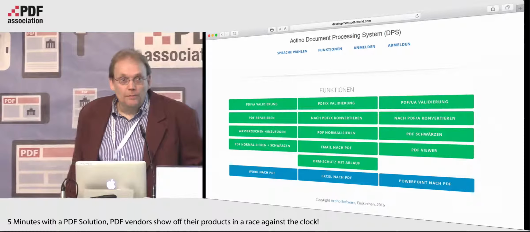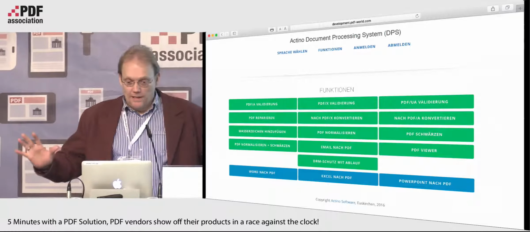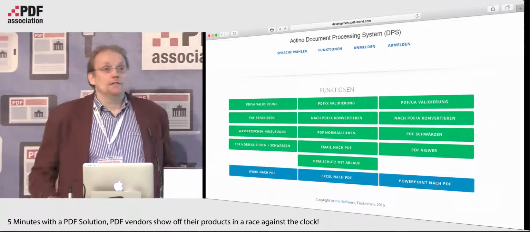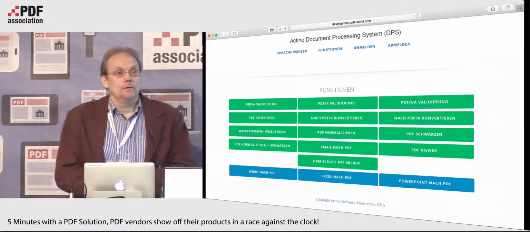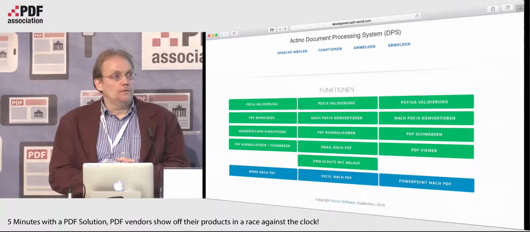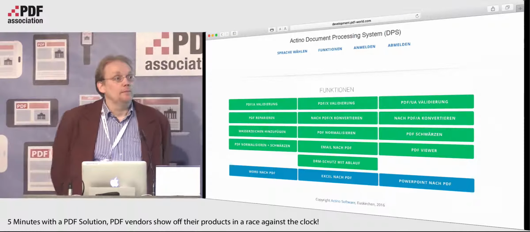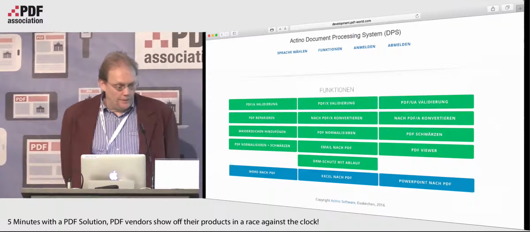Good morning, everybody. I have just one slide to explain what I would like to present. Octina Software is a German-based PDF specialist, and we have been in business for 20 years, located around Bonn, the former capital of Germany.